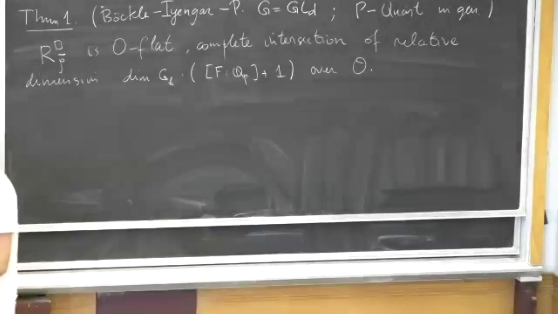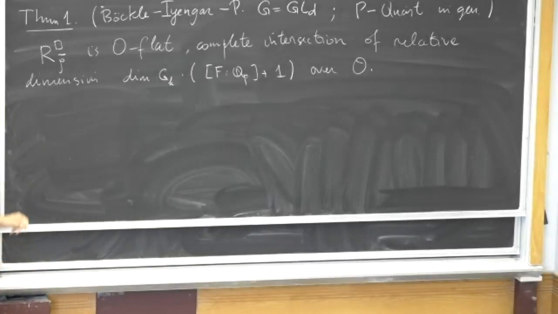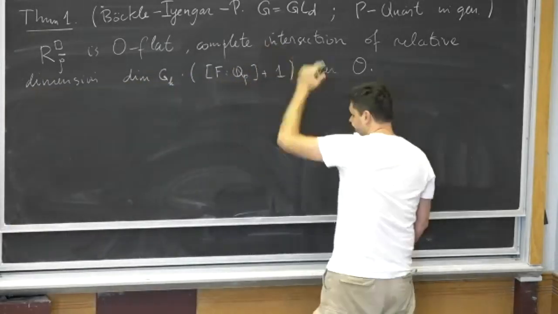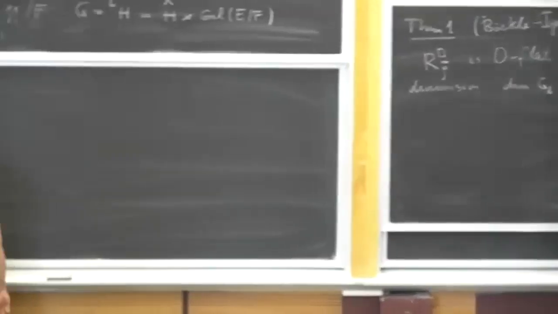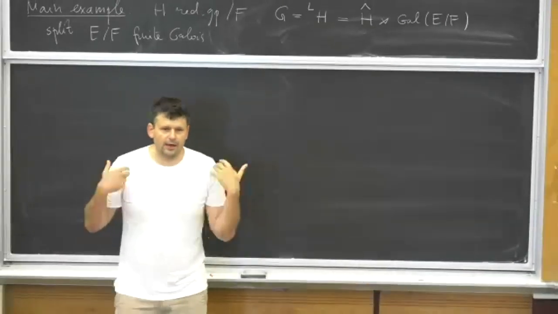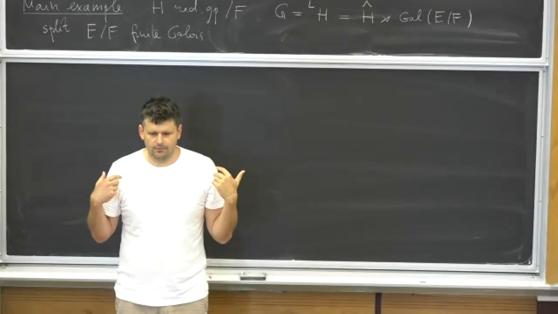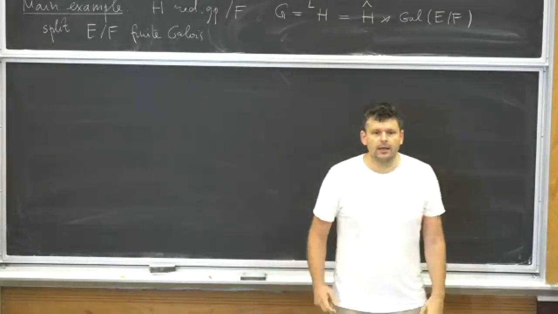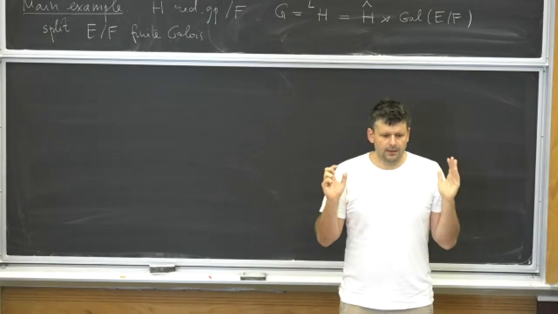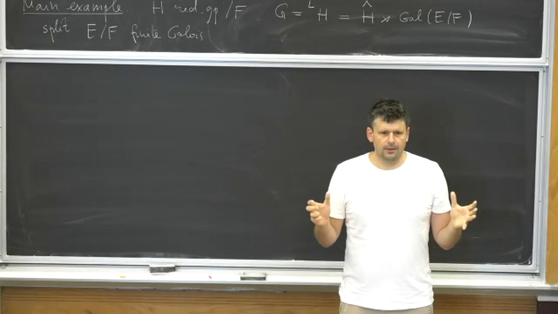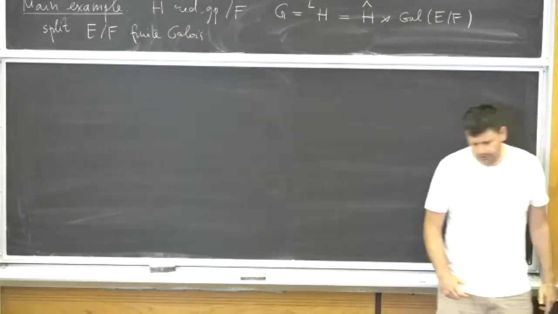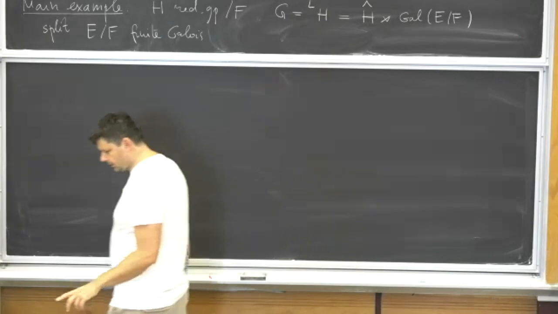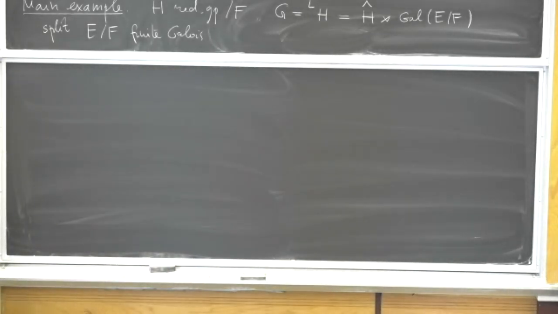One of the reasons one might be interested in this property, complete intersection or expected dimension, is that it implies that if I looked at some derived version of this problem, in the sense of Vytautas Paskunas, this would be the same as the usual deformation theories. You don't gain anything.